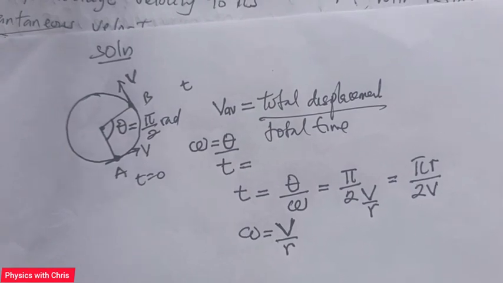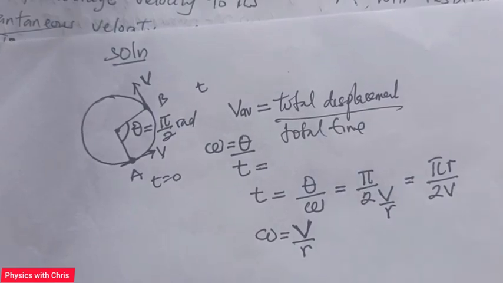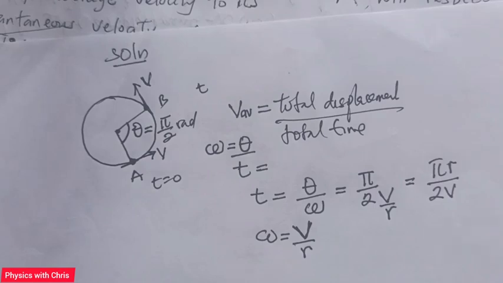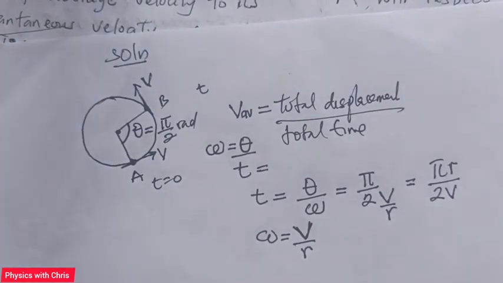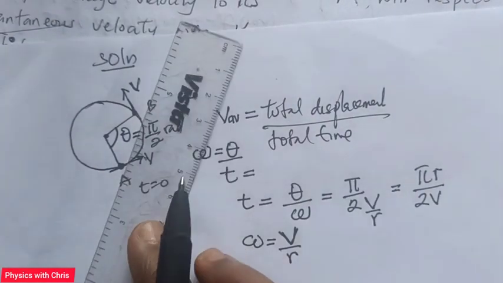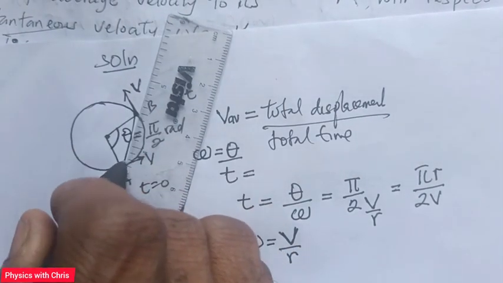Okay, now let's come back to look at the total displacement. The total displacement is not the same as the distance because the distance covered as it goes from A to B is the length of this arc. Arc length is the total distance covered by the particle. Now, the displacement is just a straight line that joins the initial position of the particle, which is point A, to its final position.